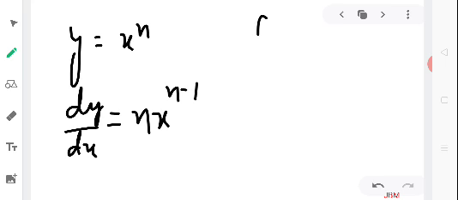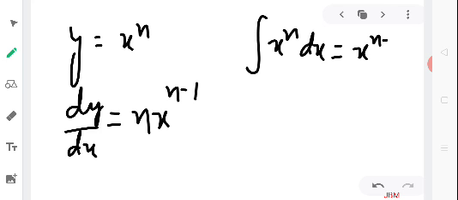Similarly, if you have integral x to the power n dx, that will be equal to x to the power n plus 1 by n plus 1. Here the condition is that n is not equal to minus 1.